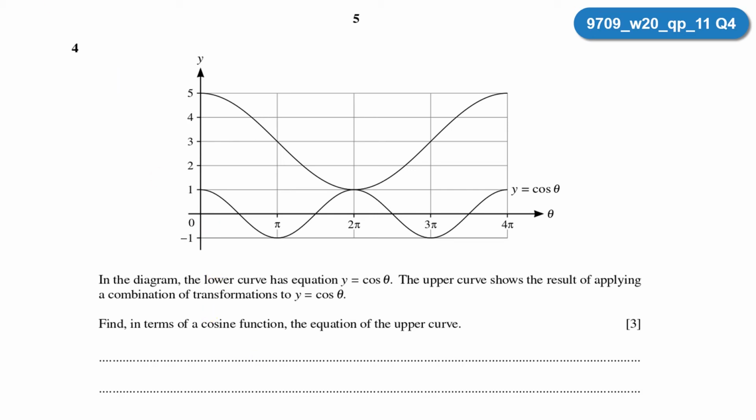So we have right here the graph of y is equal to cos theta, and it is being transformed onto the graph above it. Now, when we are considering transformation, there are two sets of transformations to be concerned about. The first set is the one that affects the vertical aspects of the graph.